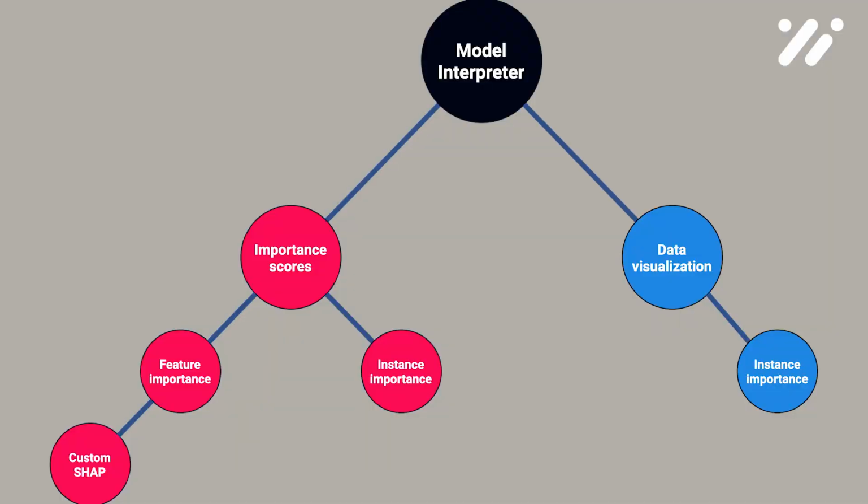So model training, evaluation, and optimization are repetitive, or what we call iterative, processes in machine learning.